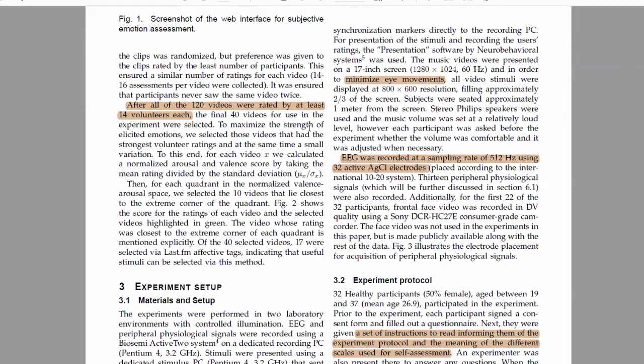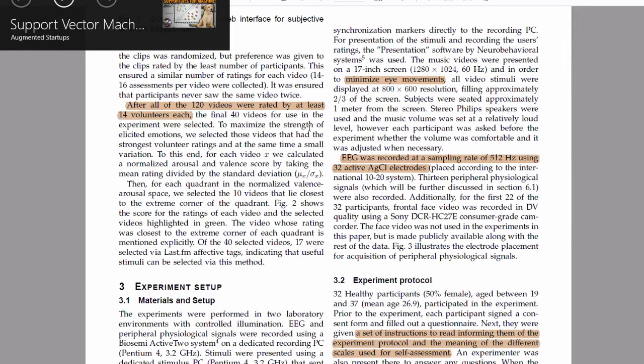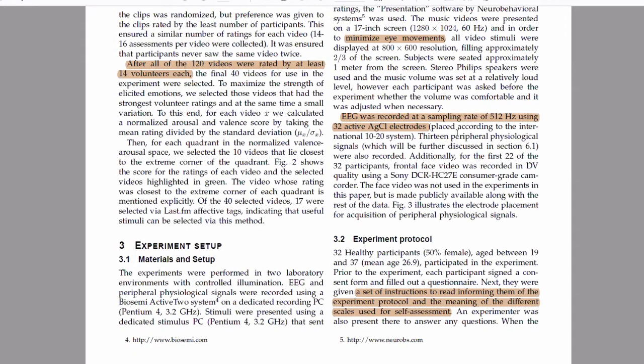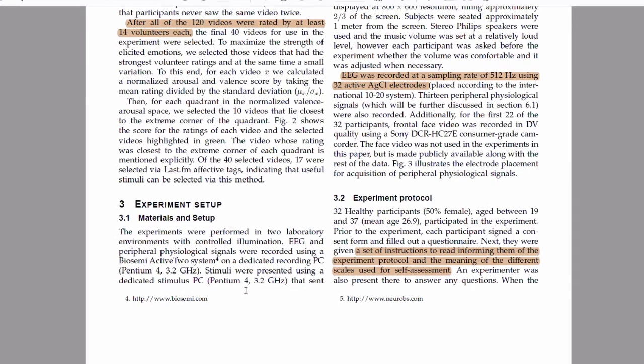So in this experiment, in order to minimize any physical body movement or even eye movements, which can be collected from the EEG sensors, they tried their best to minimize all those possible noises, and they did the EEG recording with a 512 hertz, 32 lead EEG collecting system, which is shown here.